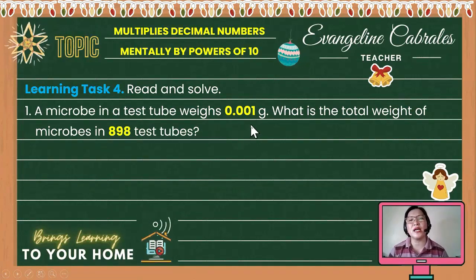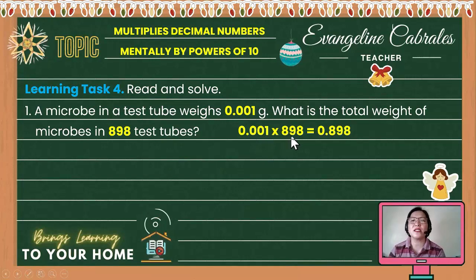So, papunta saan ang movement ng decimal point? Tama, to the left. Ilang beses? Tama, 3 dahil may 3 decimal places. So, what will happen? 1,000 times 898 will be 898,000.